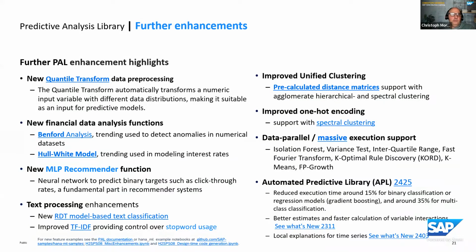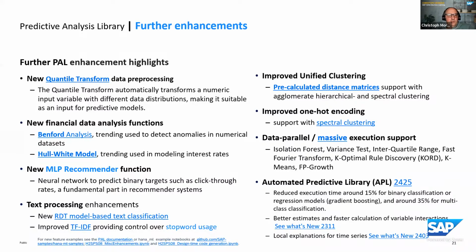In the area of financial data analysis, we have provided two new functions: Benford analysis to detect, for example, anomalies in numerical or financial data sets. So we see quite an interest in that. And the Hull-White model for customers who are interested in modeling interest rates. That might also be a well-fitting algorithm for such scenarios.